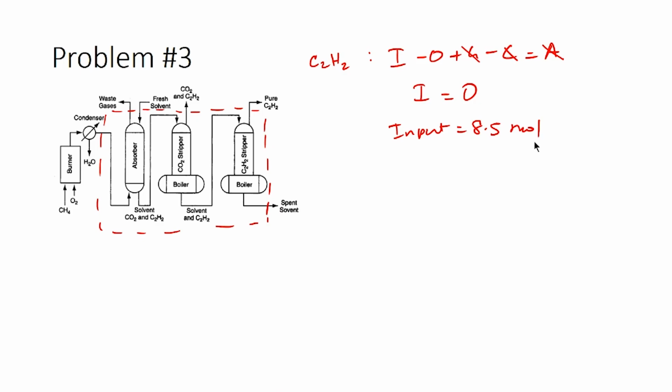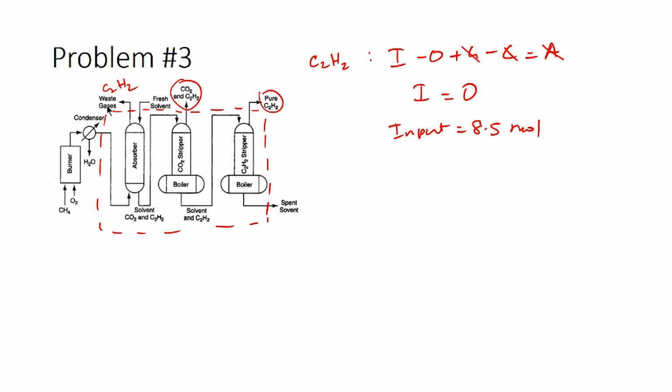Now we need to identify the different output streams. Acetylene is leaving through the waste gases, acetylene is leaving here, and acetylene is leaving here. So, there are 3 different output streams for acetylene. We need to identify how much acetylene is leaving through individual streams. How do we go about doing that?